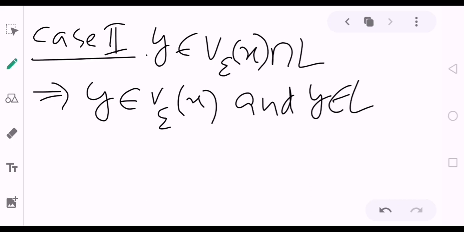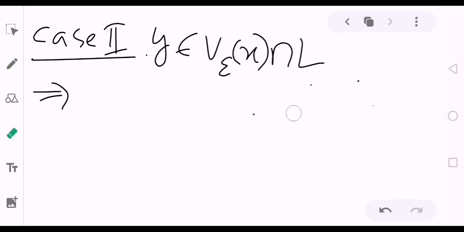I'm just erasing this. If y is an element of V epsilon x intersection L, what does it mean? As in the previous case, we can conclude that x is a limit point of L.